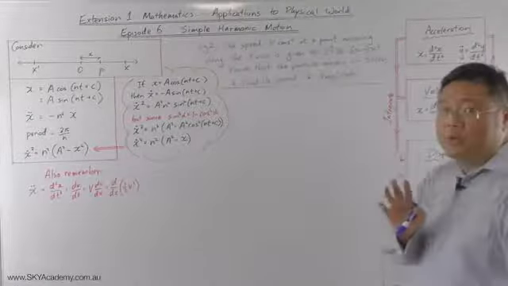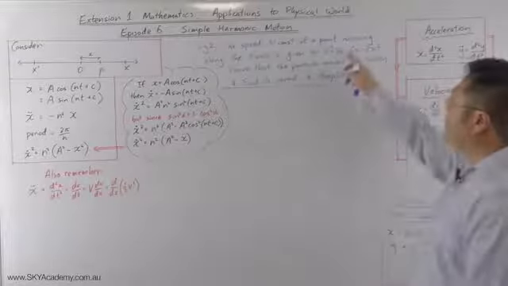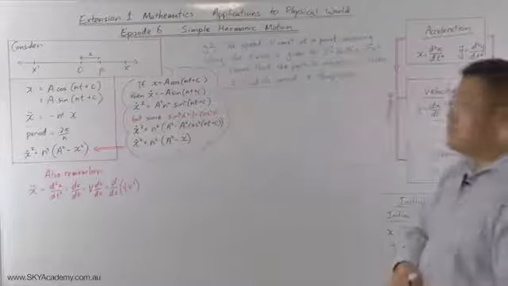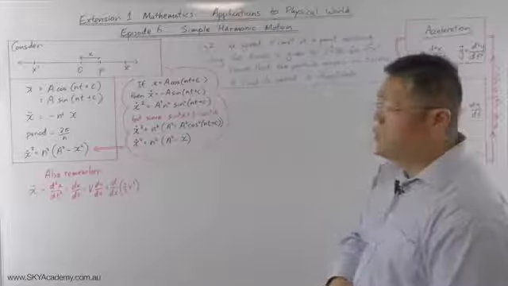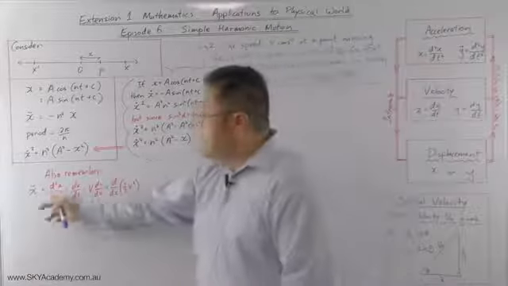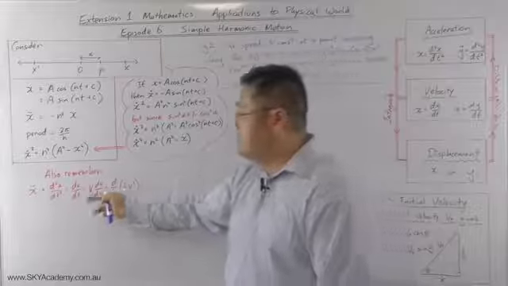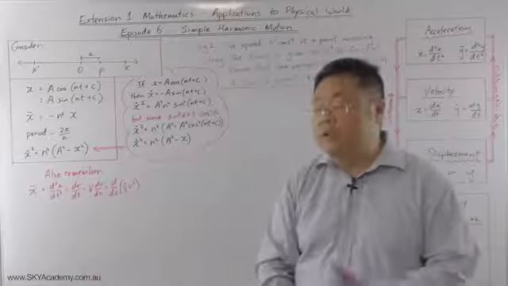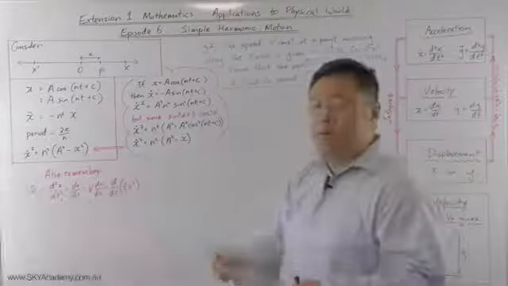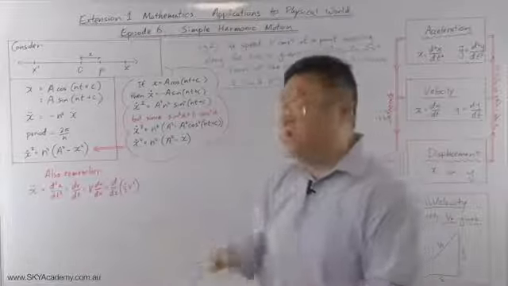Now, here's what I want you to know. We're going to move from there into acceleration. On your reference sheet, you will have this. In fact, I've got a reference sheet here. It will be at the top of page 4.